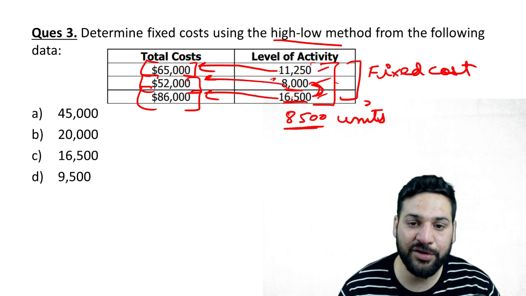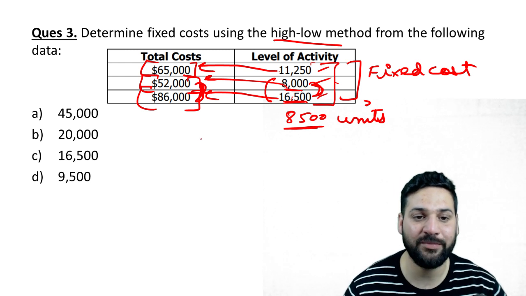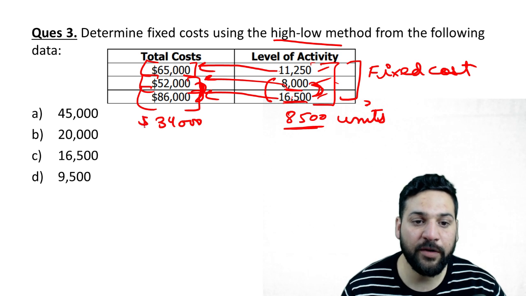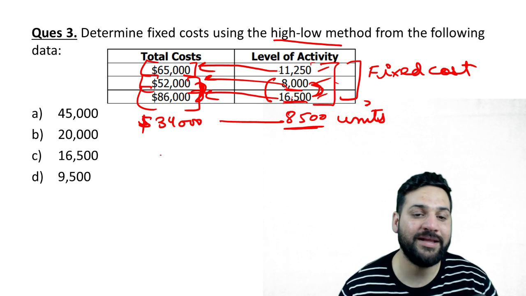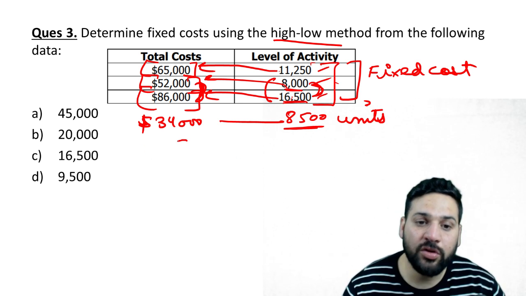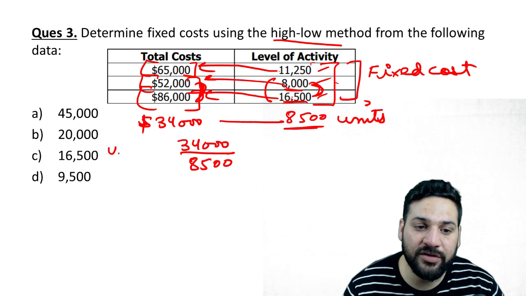How much are we spending? 86,000 minus 52,000, I think it is 34,000. For producing additional 8,500 units, we need to spend $34,000. So 34,000 divided by 8,500 is our variable cost.